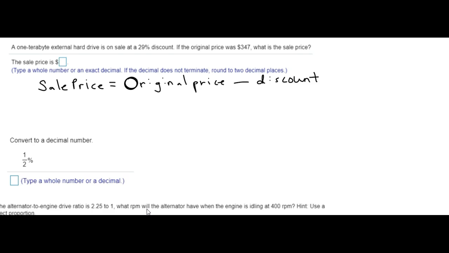And that's not a formula you have to memorize, that's just a logical formula. Sale price equals the original price minus the discount amount.